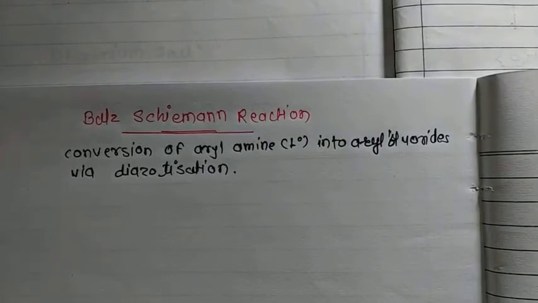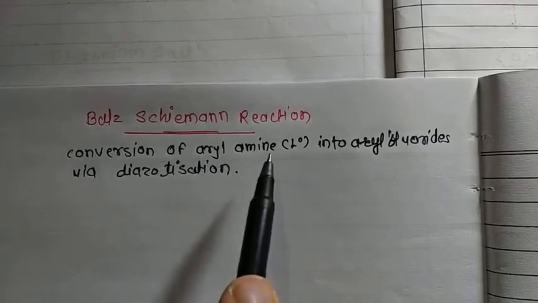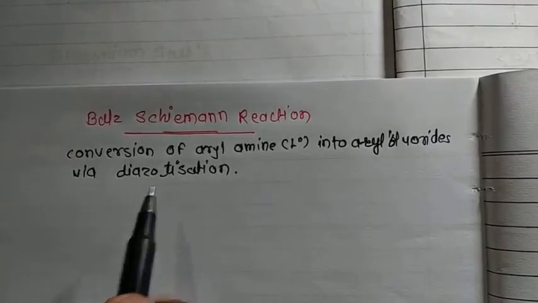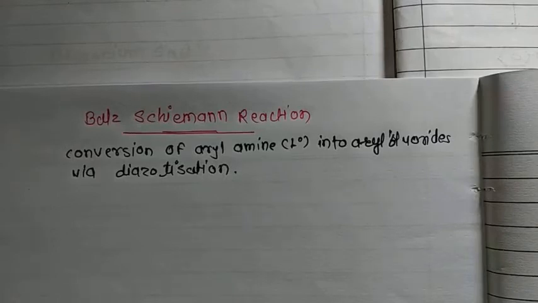The conversion of diazonium salt into the aryl fluoride is also called Balz-Schiemann reaction, or you will get this statement also, conversion of aryl amines into aryl fluorides via diazotization, meaning both meanings are the same.